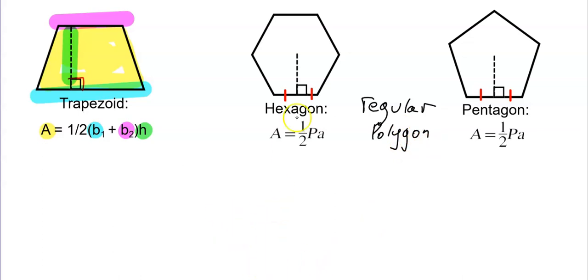To find the area, the amount of space on the inside, I'm only focusing on hexagon and pentagon because these are the shapes we're most commonly going to see in this unit. We're going to find the perimeter of both shapes, so we're going to add up the lengths of the sides. That's how we find perimeter.